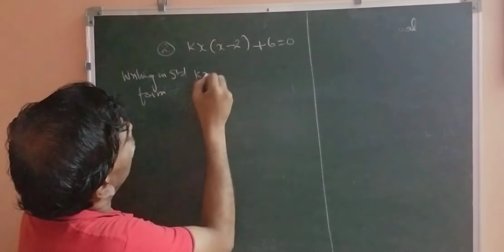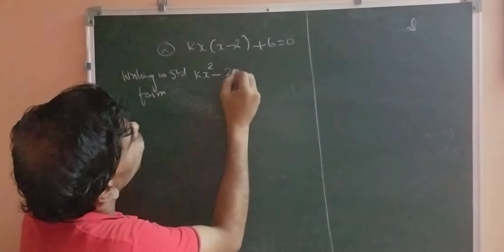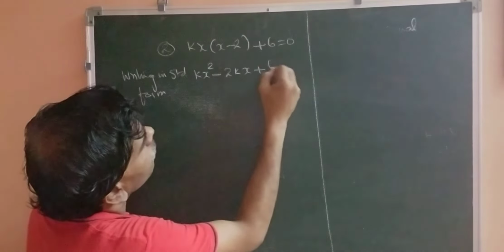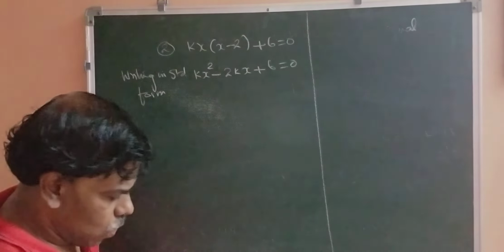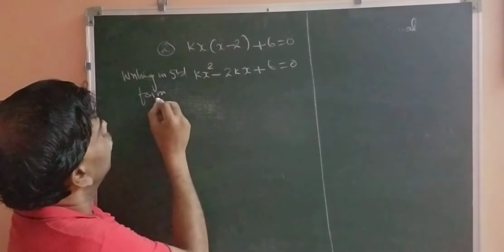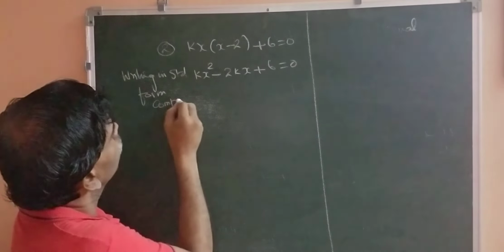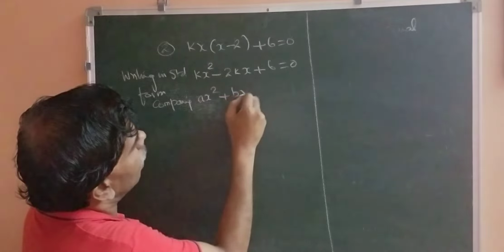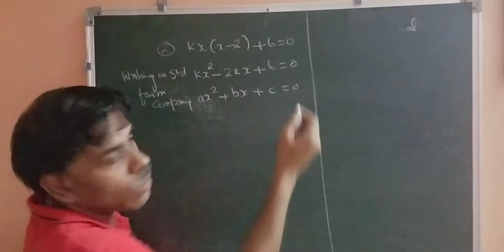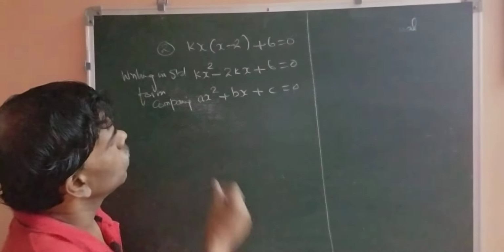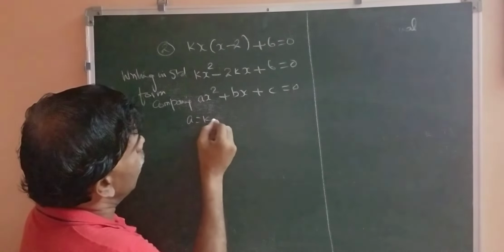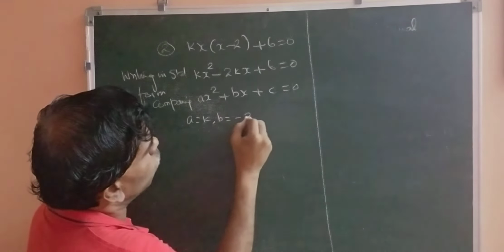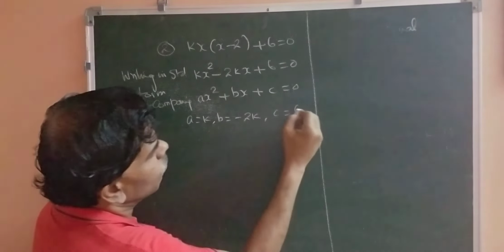So kx square minus 2kx plus 6 equal to 0. So comparing ax square plus bx plus c is equal to 0. So what is a? K. What is b? Minus 2k. What is c? 6.